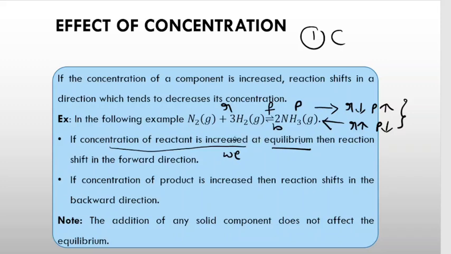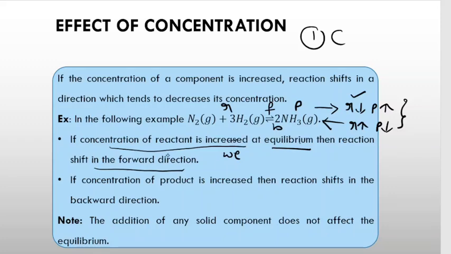That means reactant concentrations must decrease so that equilibrium will be established in the direction of decreasing reactant concentration. Where the reactants are decreasing, in this case, is the forward direction. Hence, you can see here the reaction shifts in the forward direction. That is the main thing of the Le Chatelier principle.